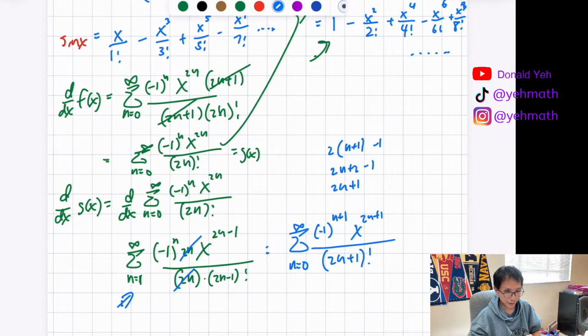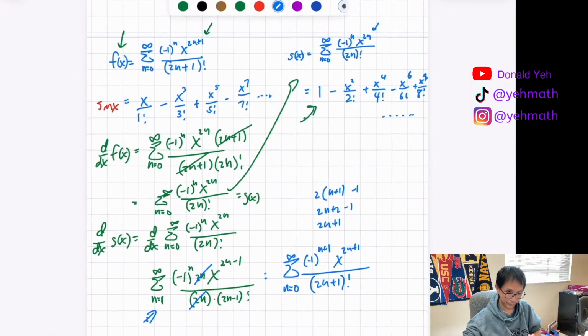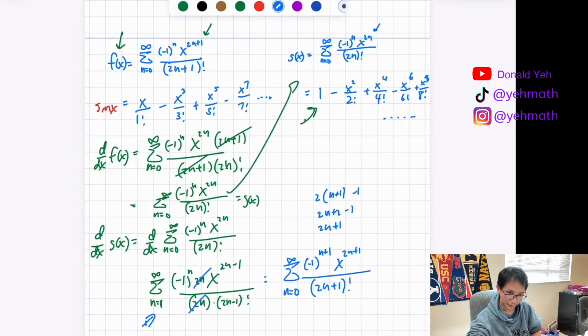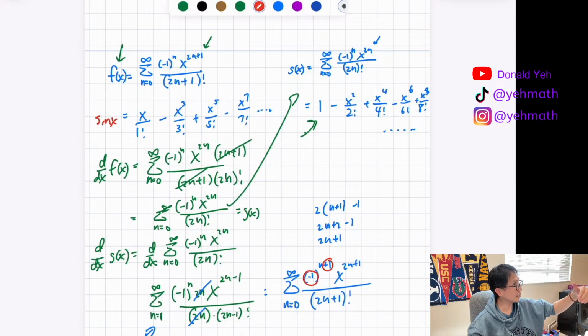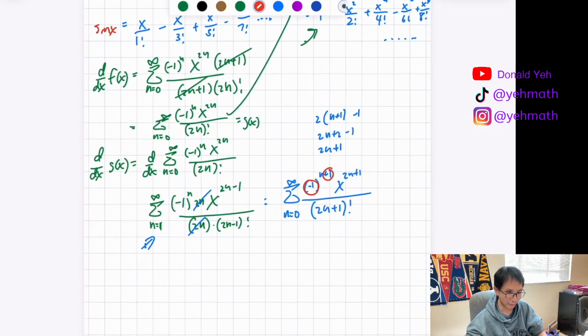Does that look familiar? That's almost the one we just had. Almost. See, this part here is negative 1 to the n plus 1. So can I take that plus 1 out?